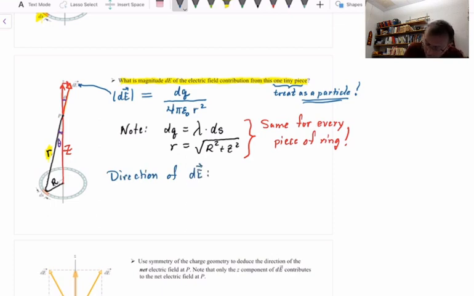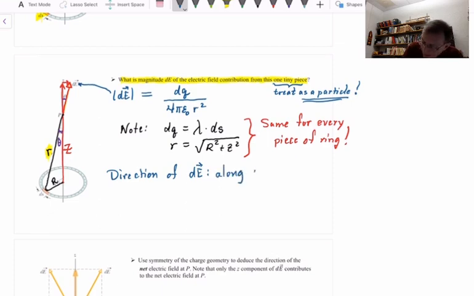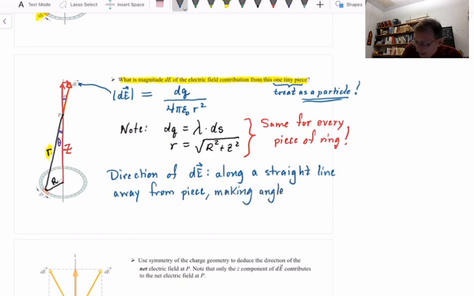The direction of dE is as the picture shows, along a straight line away from the piece that we are looking at, making an angle theta with the z-axis. Does that make sense? That's the direction of dE.